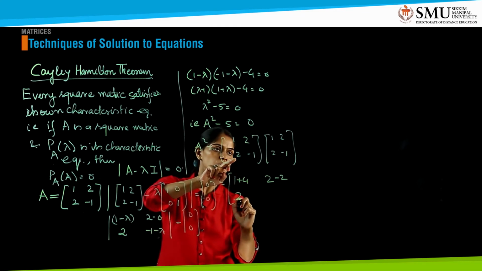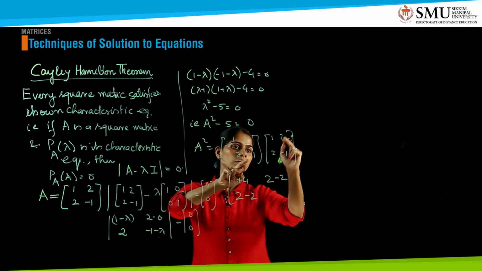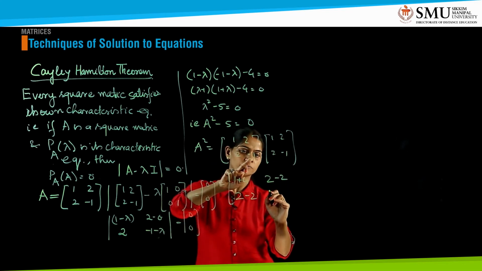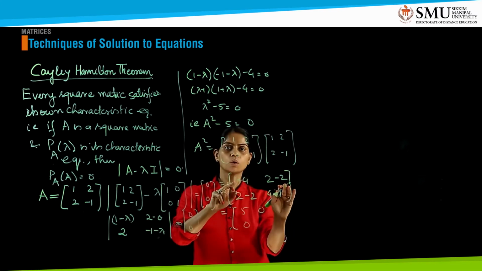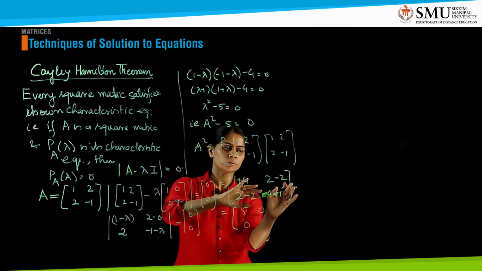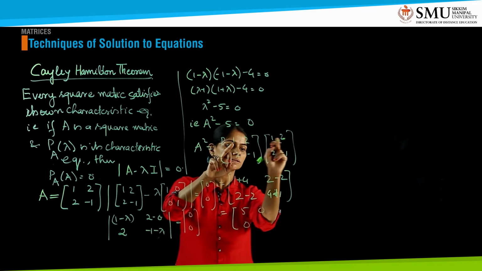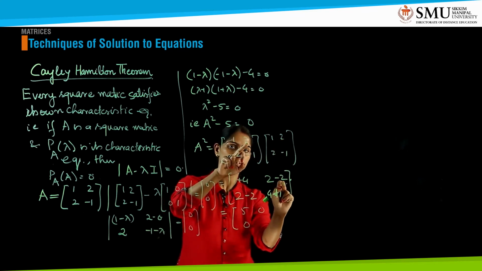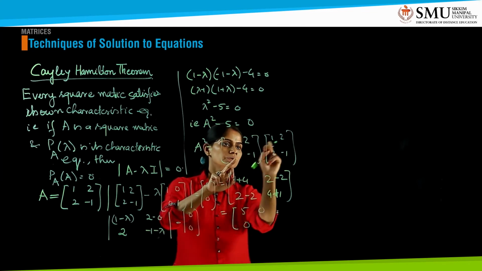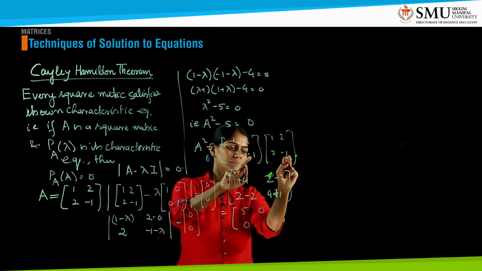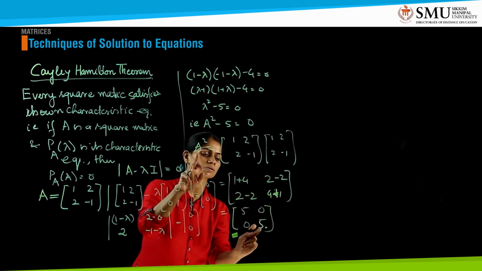This into this 2 plus this into this minus 2, so 0. Again, this into this 2 plus this into this minus 2, so 0. This into this 4 plus this into this 1, so 5. Minus minus becomes positive. So A square is (5, 0; 0, 5).